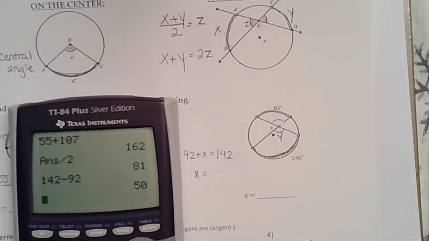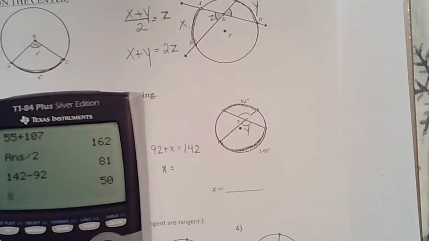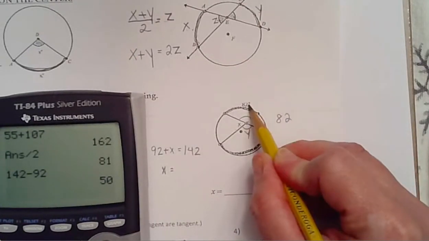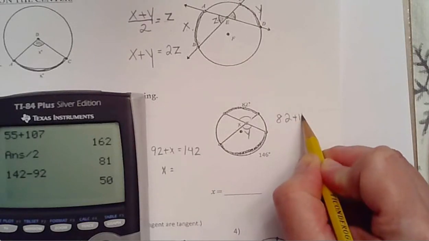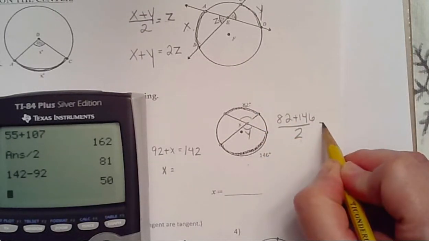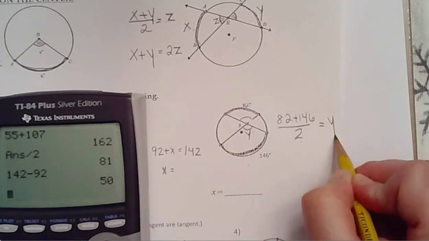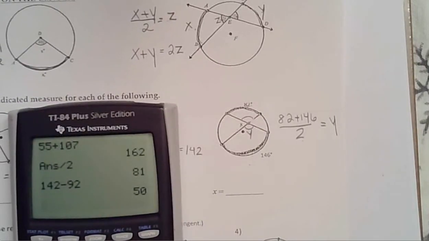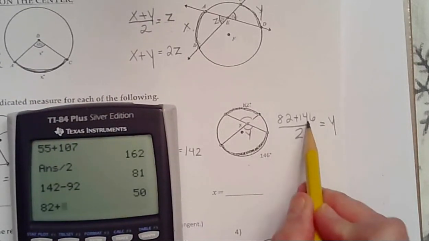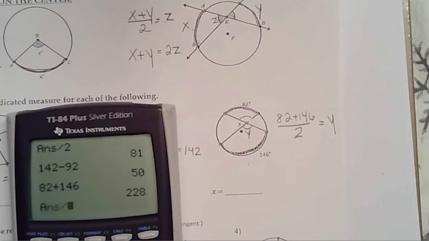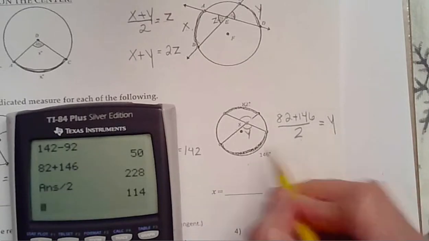So let's write up an equation: 82 plus 146 divided by 2, arc plus arc divided by 2, is equal to this angle Y. I'm going to worry about X second. So first, 82 plus 146, enter, divided by 2, and Y is equal to 114.